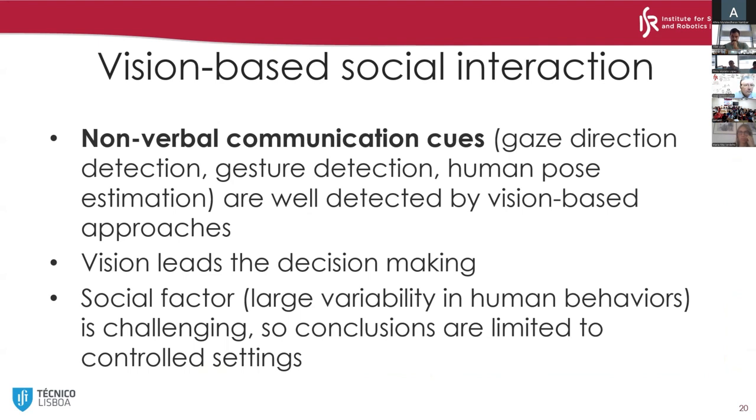There is something very important here, the social factor. Every person has their own mind, and it's very difficult to have something that works for everyone. So it's challenging, you have large variability. The conclusions are limited to these controlled settings, and we would like to have it running in the wild, but that is not there yet.